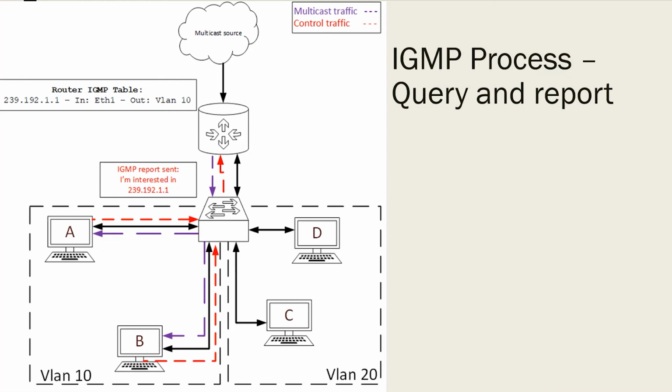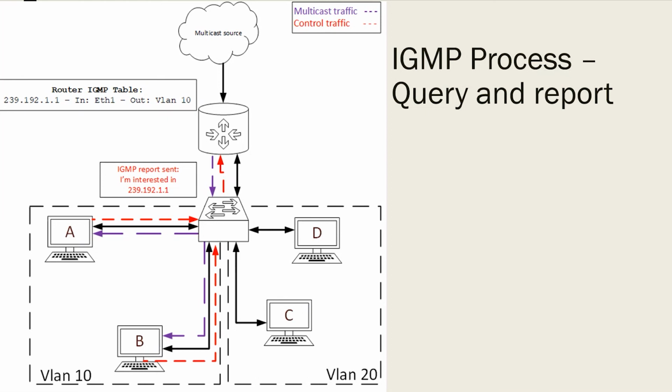In this situation, we've only got 2 devices that are interested, but imagine this is a network with 300 devices off it. There's going to be 300 reports sent to the router that the router then has to process, and that's not really going to be good for its processing power. It's going to probably get a little bit locked up, and it might impact service in other areas.